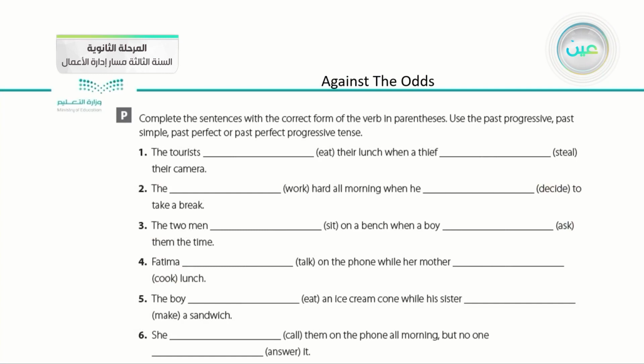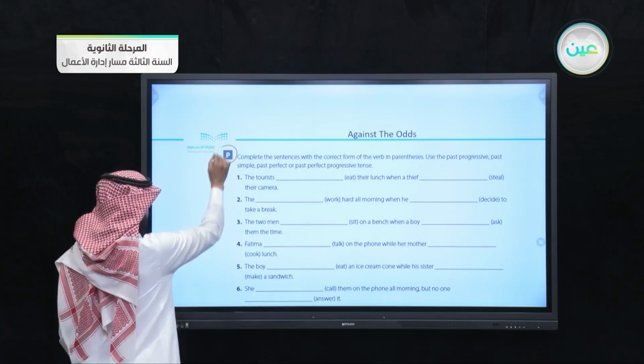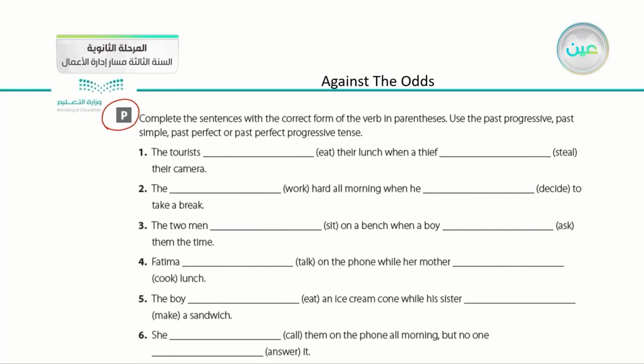Now, let's go to the workbook. I want you to open page 20 in the workbook and go to exercise P. In this exercise, complete the sentences with the correct form of the verb in parentheses. Use the past progressive, past simple, past perfect, or past perfect progressive tense.